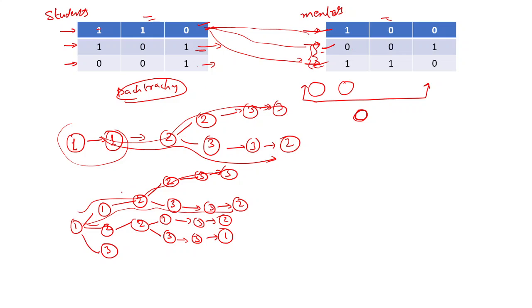Why are we saying it is backtracking? Suppose you have come here, you have seen this part and traversed it. Now you want to traverse the second part. You must be tracking somewhere that the first has taken the first mentor, and you must be storing that, so that the second doesn't count this mentor again.